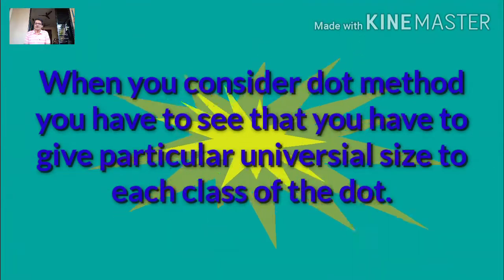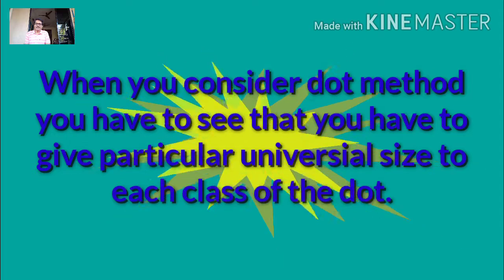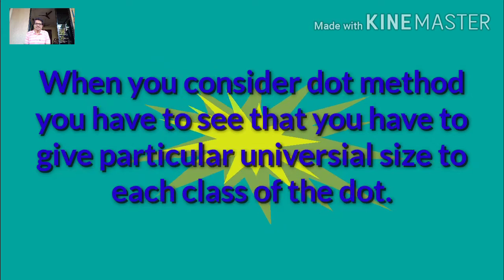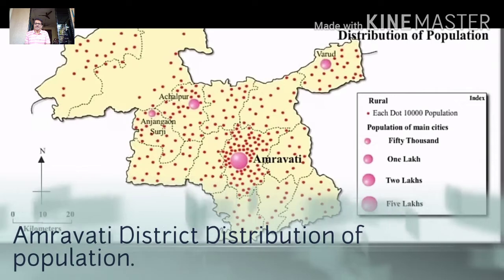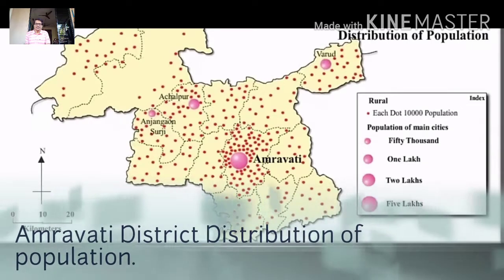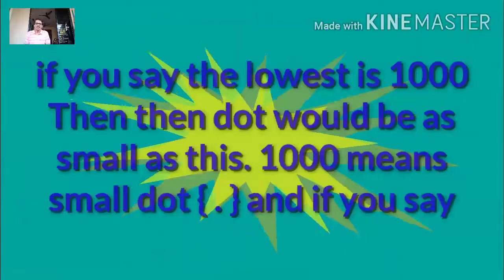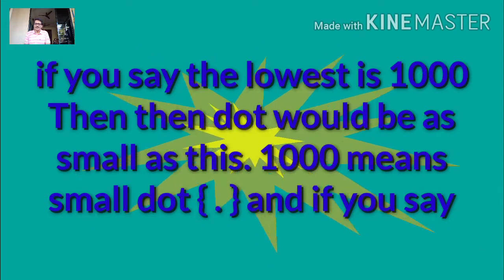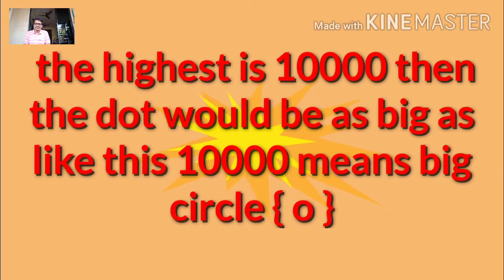You have to give a particular universal size to each class of the dot. For example, Amravati district distribution of population. If you say the lowest is 1000, then the dot would be as small as this, and if you say the highest is 10,000, then the dot would be as big as this.